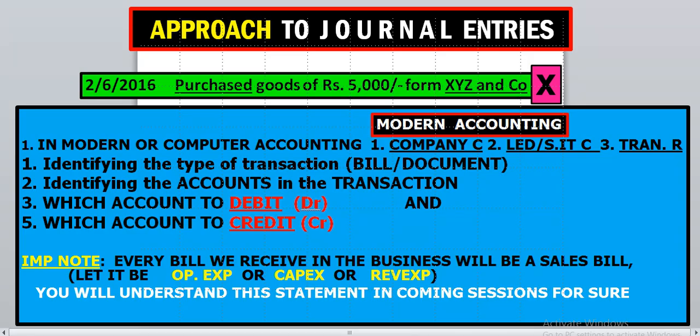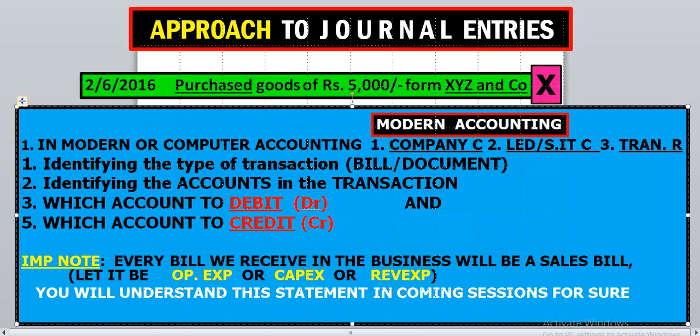In modern accounting you will not find the transactions in the form of sentences. In modern accounting you'll find the transactions in the form of bills or documents, or vouchers or invoices.